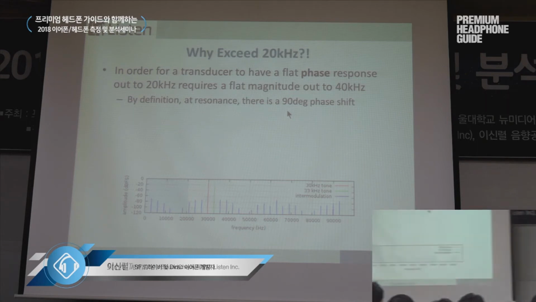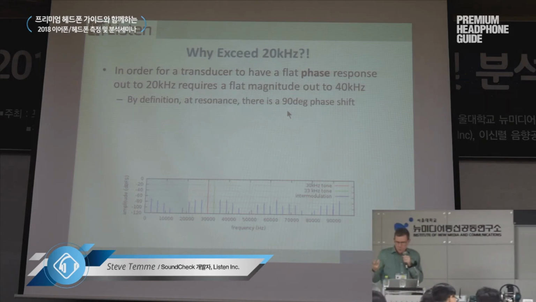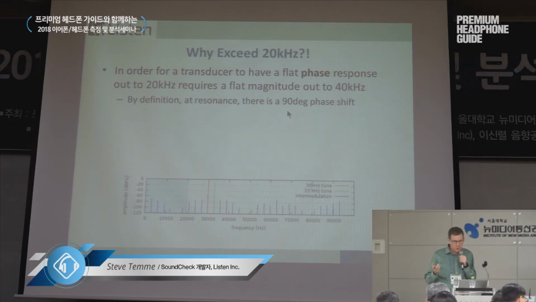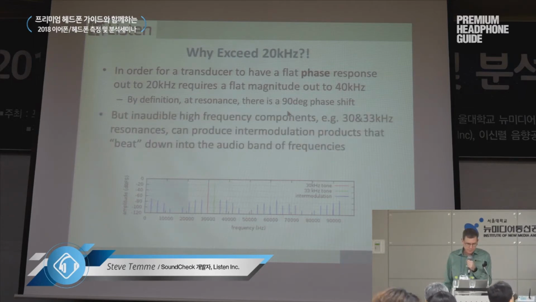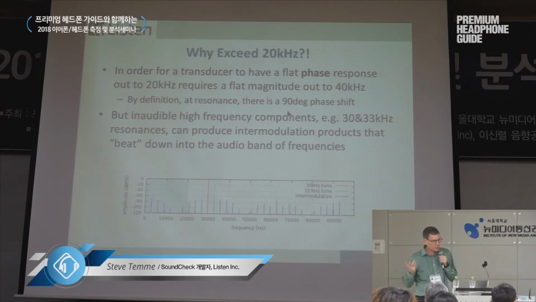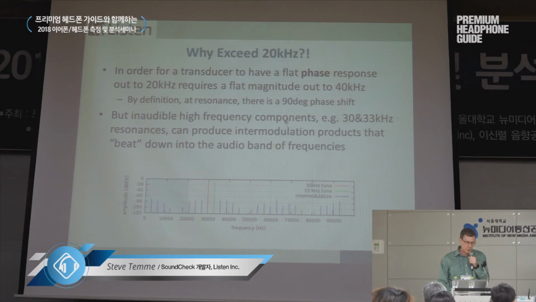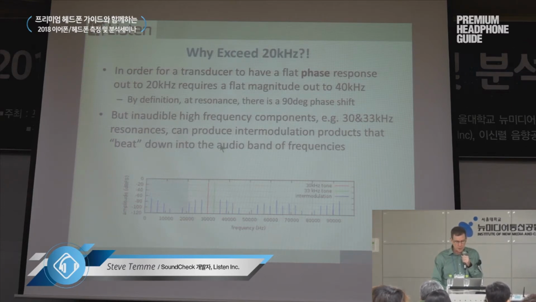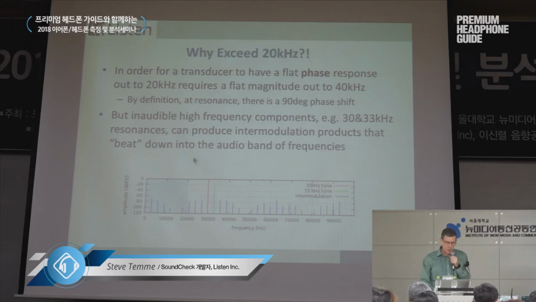So it's always good, again, to have more headroom. So if we want flat phase response out to 20 kilohertz, we probably need flat magnitude out to 40 kilohertz in a transducer. The problem is that this also introduces another issue. If we play back two tones at 30 and 33 kilohertz in a typical transducer, it will also produce intermodulation products, which can beat down into the audio range.